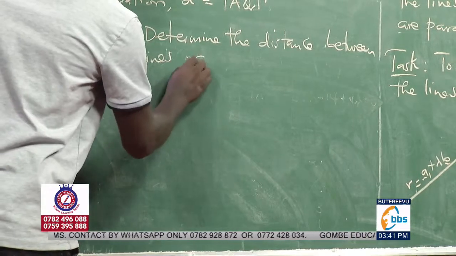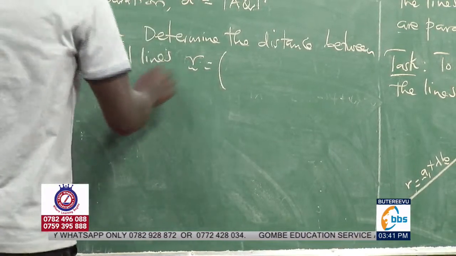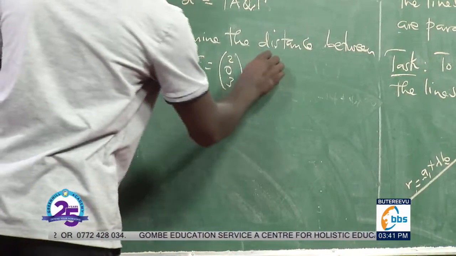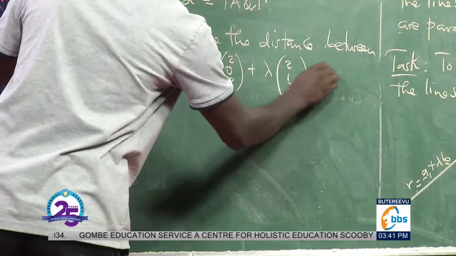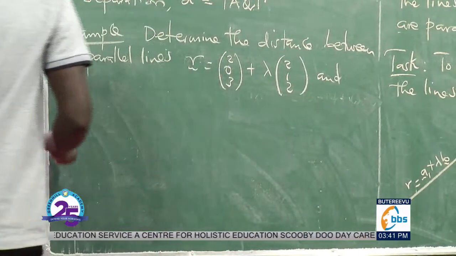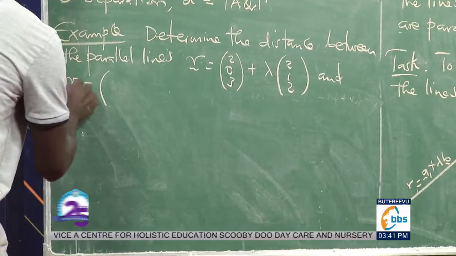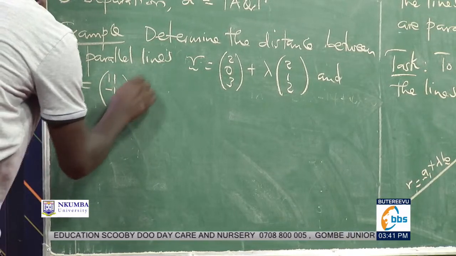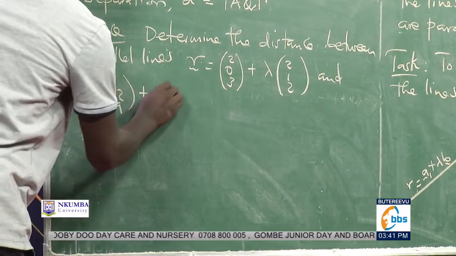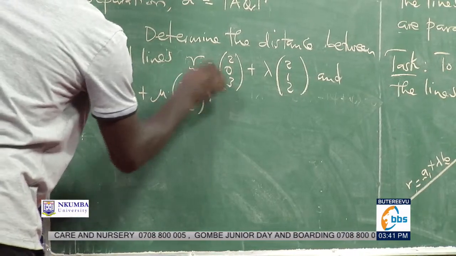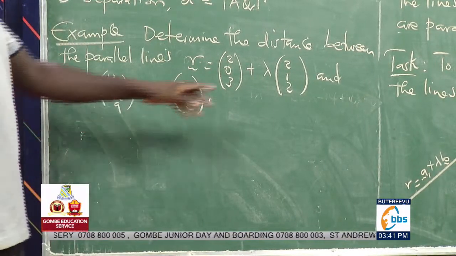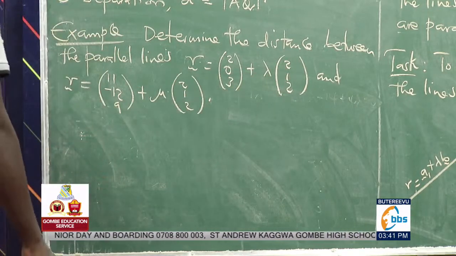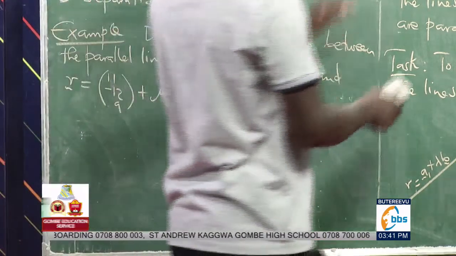The first line is r equals (0, 3, ...) plus lambda times (1, 2, ...), and the second line is r equals (11, -12, 9) plus mu times (2, 1, 2). Obviously the direction vectors are the same, so the lines are parallel.